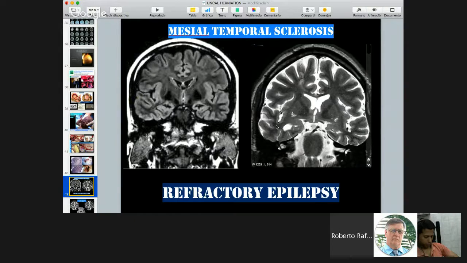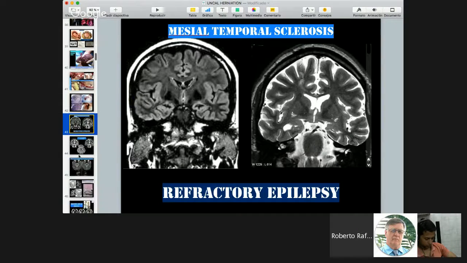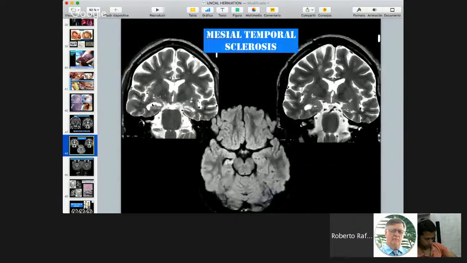Here you can see the typical sclerosis in the hippocampus that we treat in many cases secondary to refractory epilepsy. This is a very known lesion of the hippocampus, and most of them could be produced during delivery.